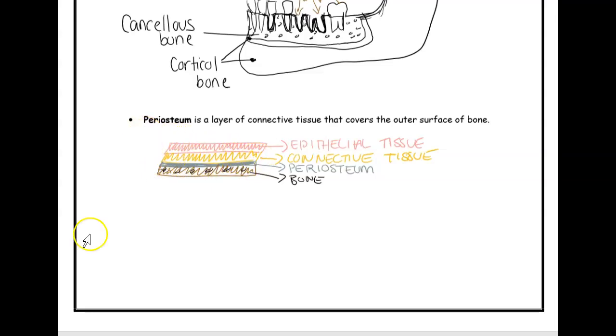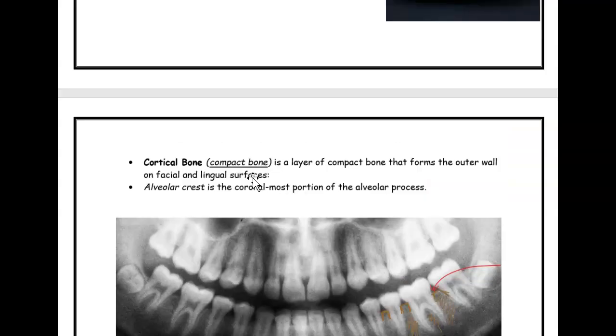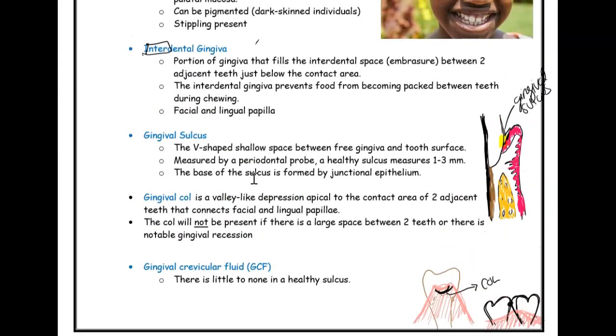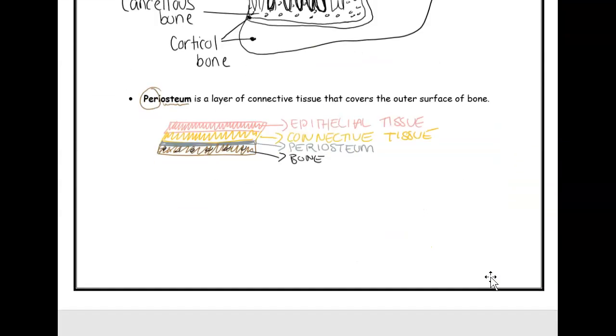So remember, the word peri means around, and osteum, I want you to think of bone. So it's a layer that's around the bone, and the periosteum is right here, and then we have the bone underneath. So if you look over here, we have the bone that's over here, and there's actually a periosteum layer that's right on top of the bone that's covering the bone.